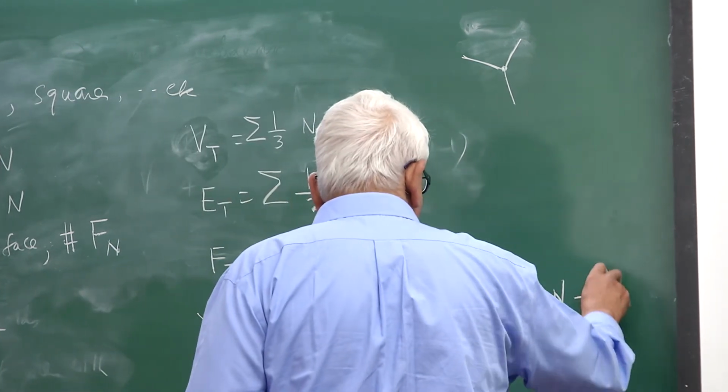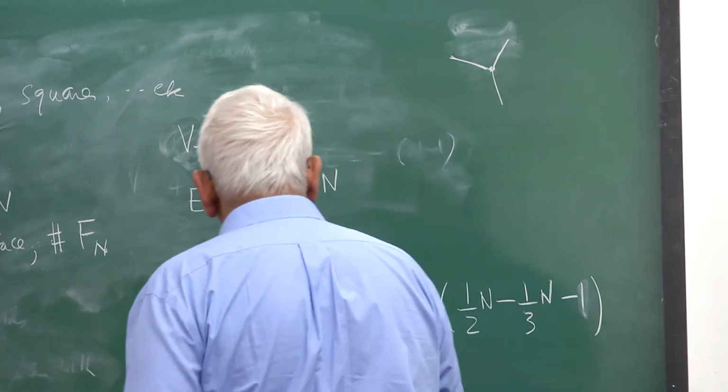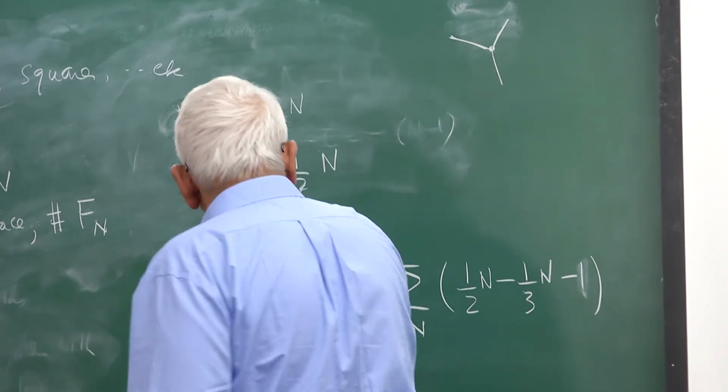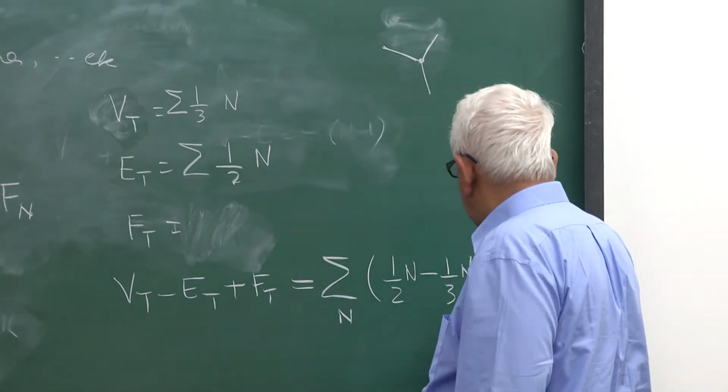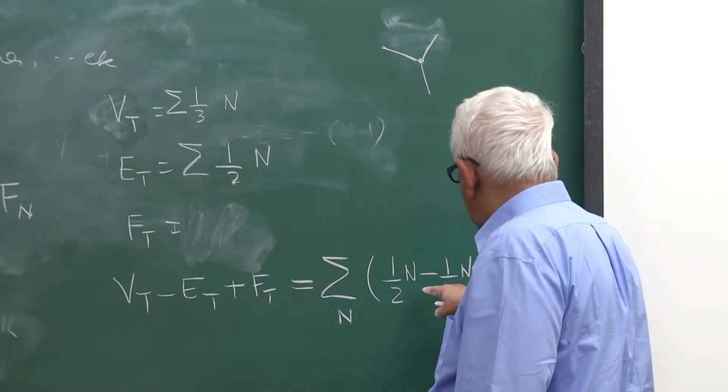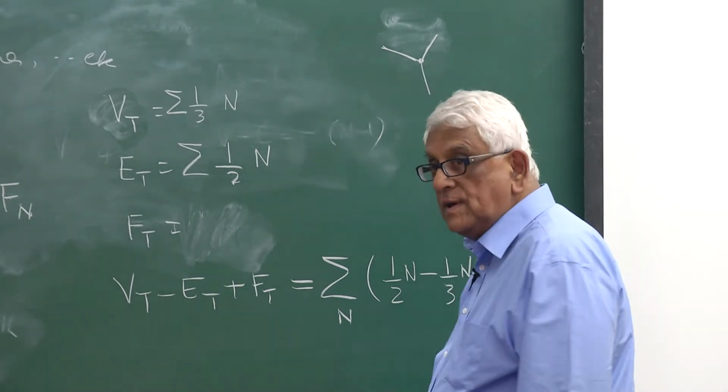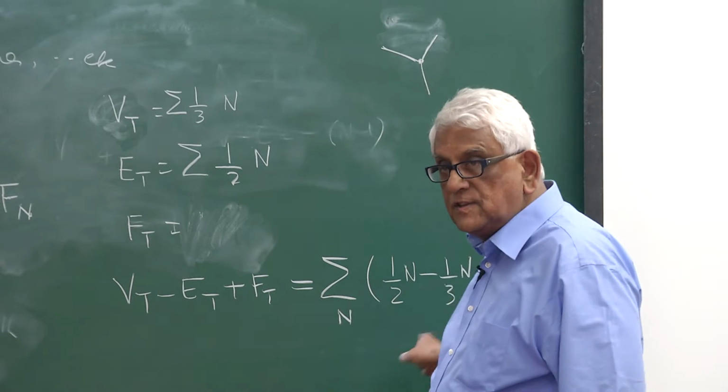For each one of them you have a thing like this, right. I mean there could be n of these things. So for each face this is the case, right.